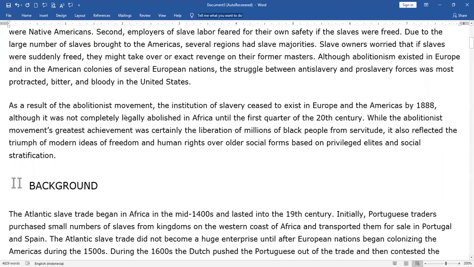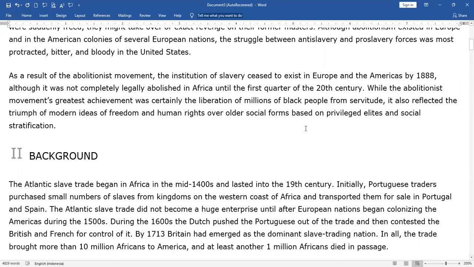As a result of the abolitionist movement, the institution of slavery ceased to exist in Europe and the Americas by 1888, although it was not completely legally abolished in Africa until the first quarter of the 20th century.